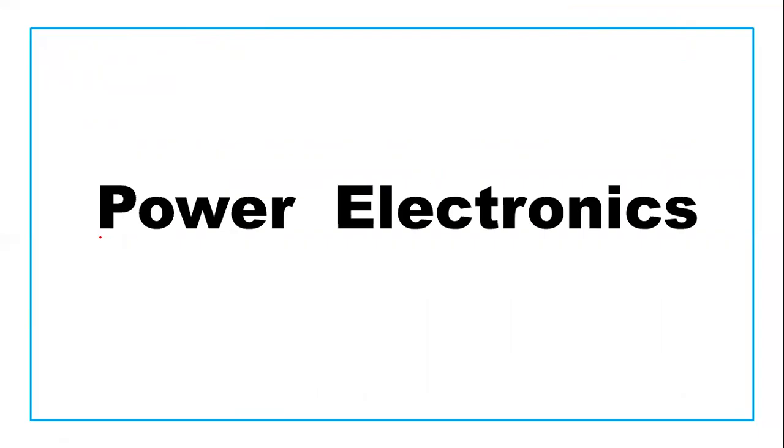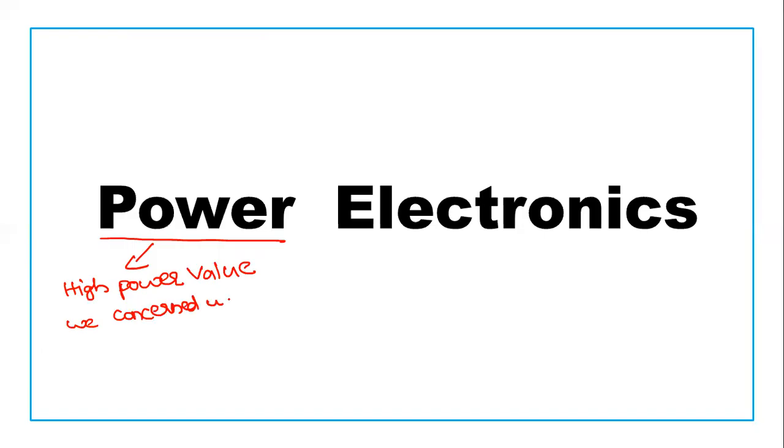You know, when you studied power system, you might have seen that we are talking about high value of power. So power system actually talks about high power value. And normally we were concerned with the efficiency, right? When we are transmitting power through the transmission line, we are concerned with the efficiency of power transmitted.